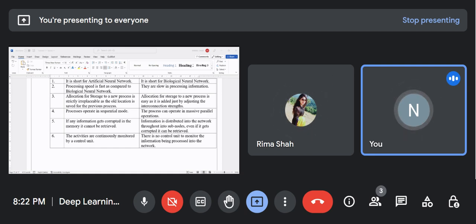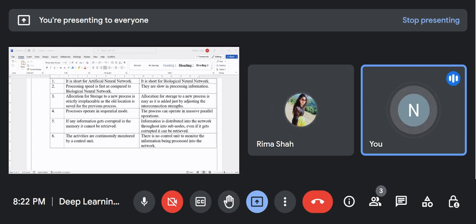So when there is a discussion of deep learning and ANN, obviously this is required, to make you understand how the biological neuron, the biological neural network, also works.